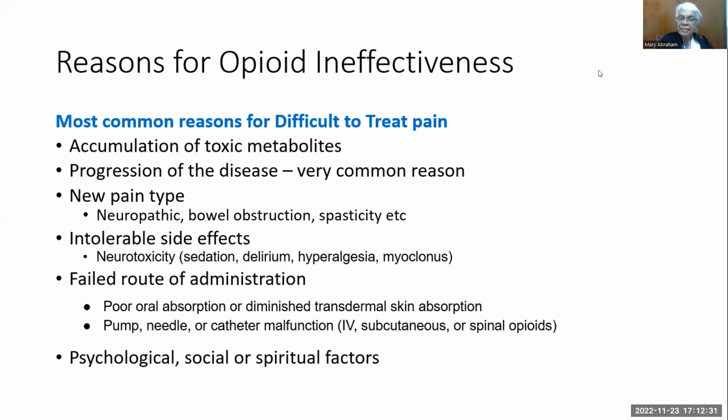Or is there a system malfunction, like a pump that's not working, a needle that is blocked, or a catheter malfunction? This can happen with intravenous, subcutaneous, or even spinal drugs that you're giving for pain. And not to exclude the psychological, social, and spiritual factors that are adding to the cause of the pain.